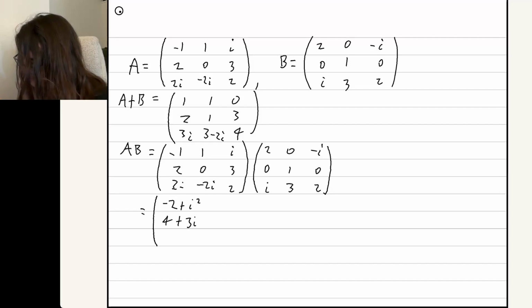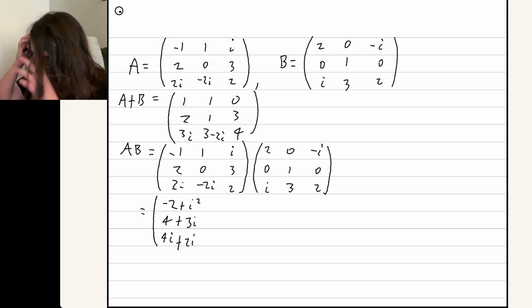And then the final element down is going to be the dot product of the third row of the first matrix with the first column of the second. So we've got 2i times 2 makes 4i. We've got minus 2i times 0, which is 0, and then 2 times i, so plus 2i.